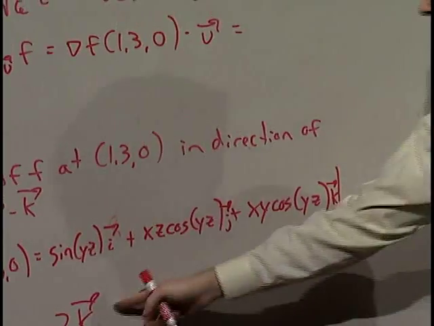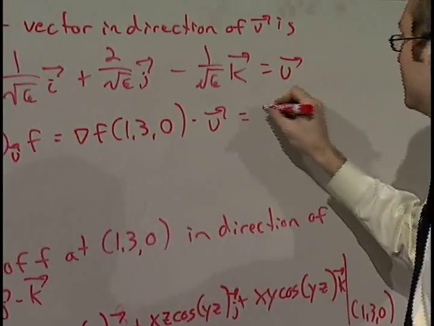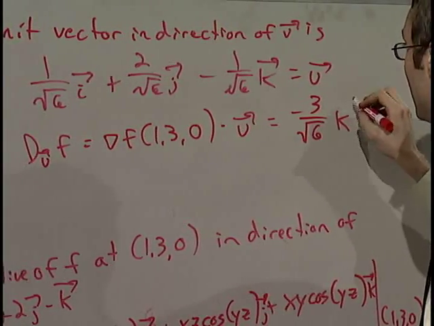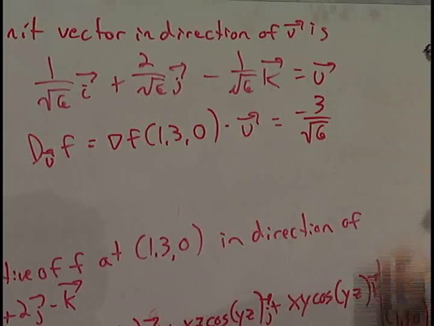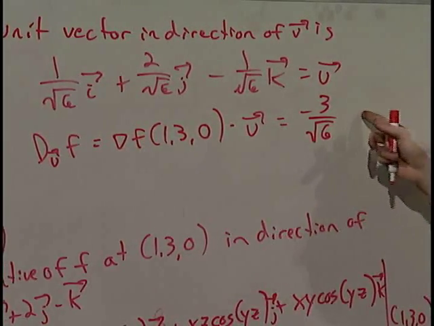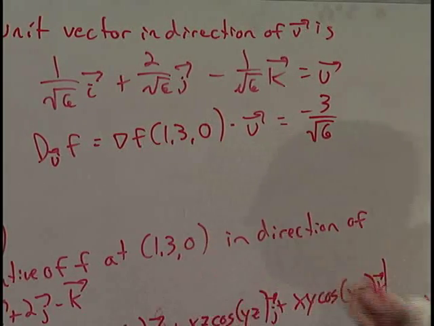So that's 3k dot this, the other terms gone, gone. So that's minus 3 over root 6. Right? So you do get minus 3 over root 6. So this is the derivative in the direction of this vector at that point. Okay, one more thing to do here, and then we're done.